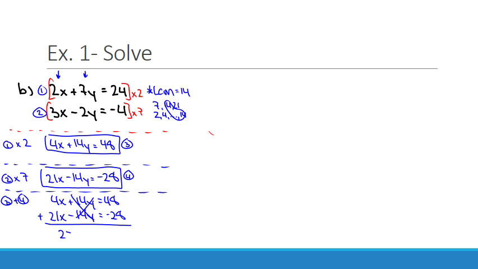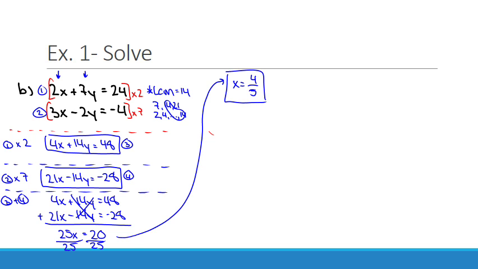So then I end up getting 25x is equal to 20. Divide by 25, divide by 25. X then equals 20 over 25, but I can divide those both by 5. So I get 4 over 5. Okay? That is the x part of my vertex.